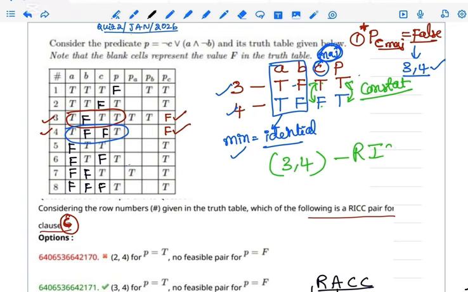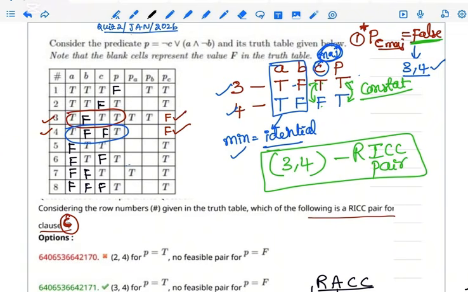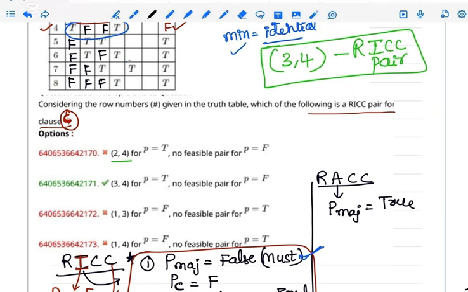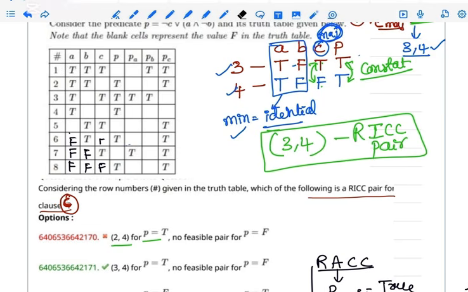Friends, remember RICC is inactive. When you have inactive clause coverage, you must use the false condition: the major clause must be false. From the options, 2 comma 4 for predicate equal to true. For 3 comma 4 the predicate must be true, right?